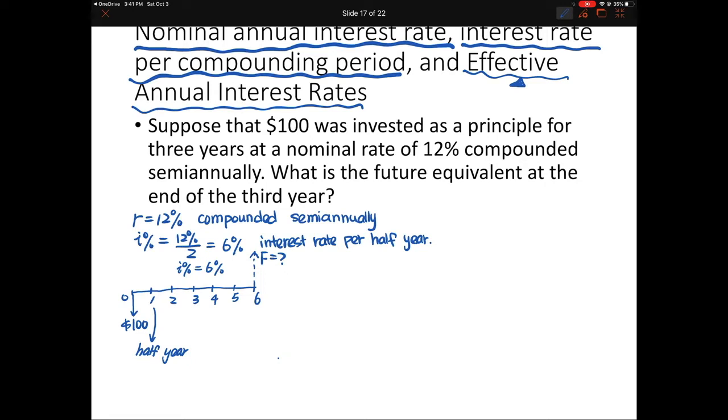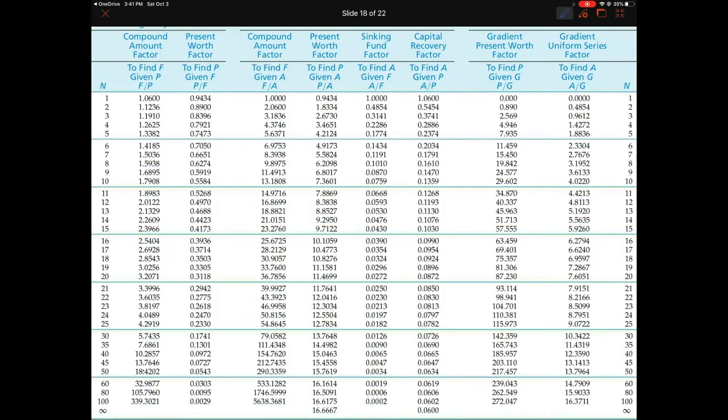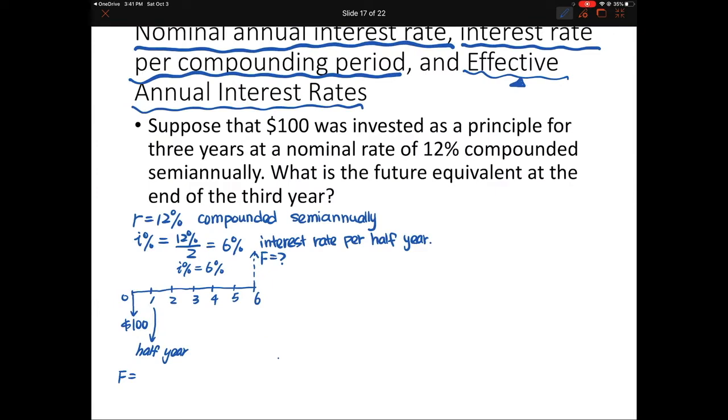All right, and then now we have to calculate the F. So the F is, this is to find out future value given a present value. So it's gonna be P times a factor to find out F given P. I% is 6%. Number of compounding period is 6.